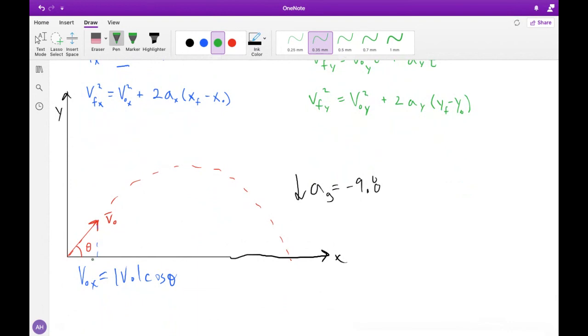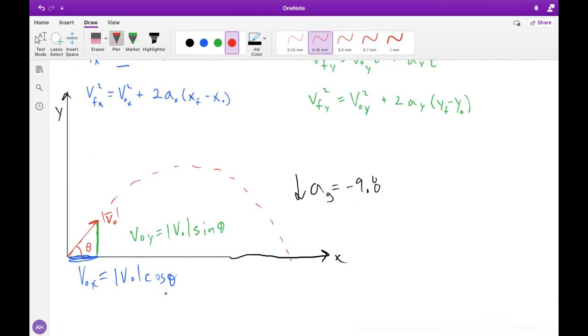Similarly, we have the y component, v naught y, which is just the magnitude of the velocity times sine theta.